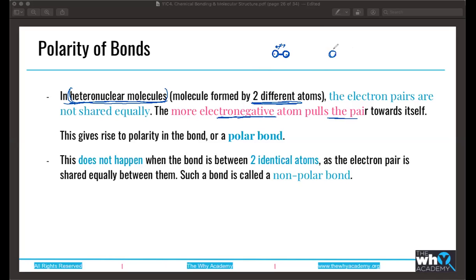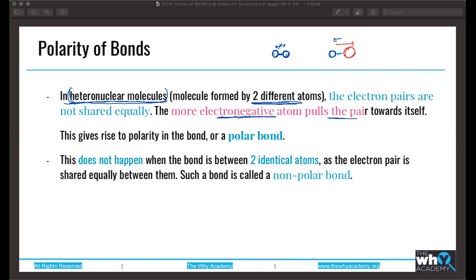But when you have heteronuclear atoms, a molecule formed with two different atoms, and then you have the shared pair of electrons, the more electronegative atom pulls the electrons more towards itself, and the less electronegative atom is not able to keep up with that particular force.